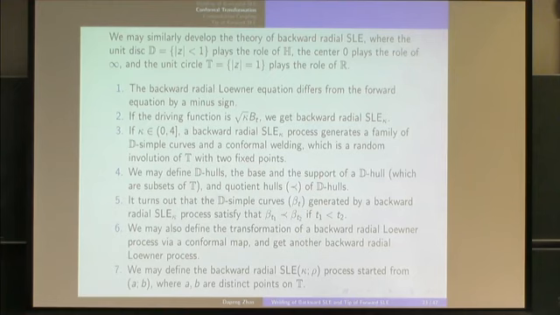We may define D-hulls, the base and the support of a D-hull, which are subsets of the unit circle, and the quotient hulls of D-hulls. It turns out that the D-simple curves beta_t generated by a backward radial SLE kappa process satisfy that if t1 is less than t2, then beta_{t1} is a quotient hull of beta_{t2}. We may also define the transformation of a backward radial Loewner process via a conformal map and get another backward radial Loewner process. And we may define the backward radial SLE kappa rho process starting from a, b, where a, b are distinct points on the unit circle.